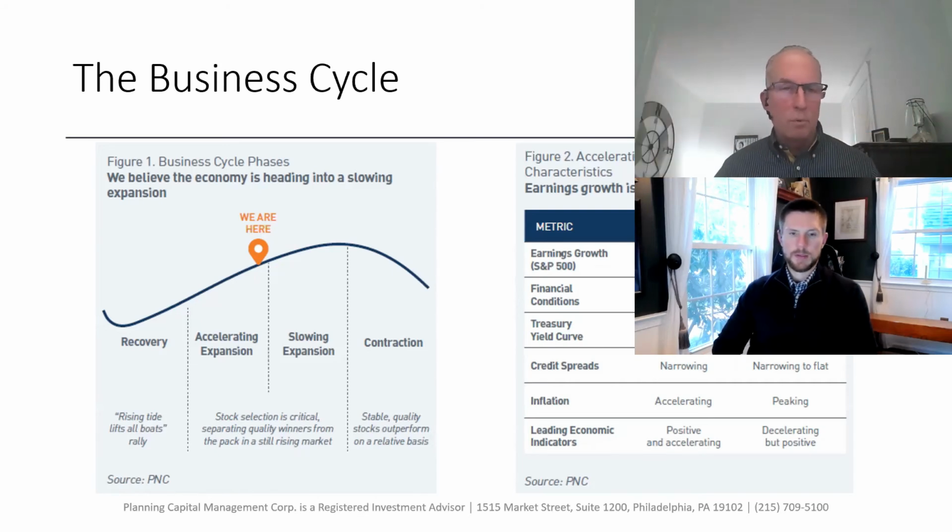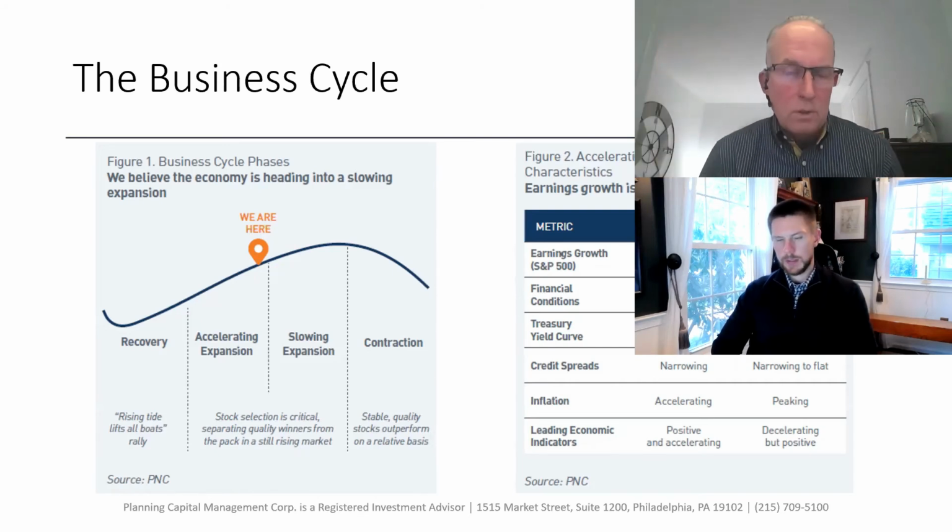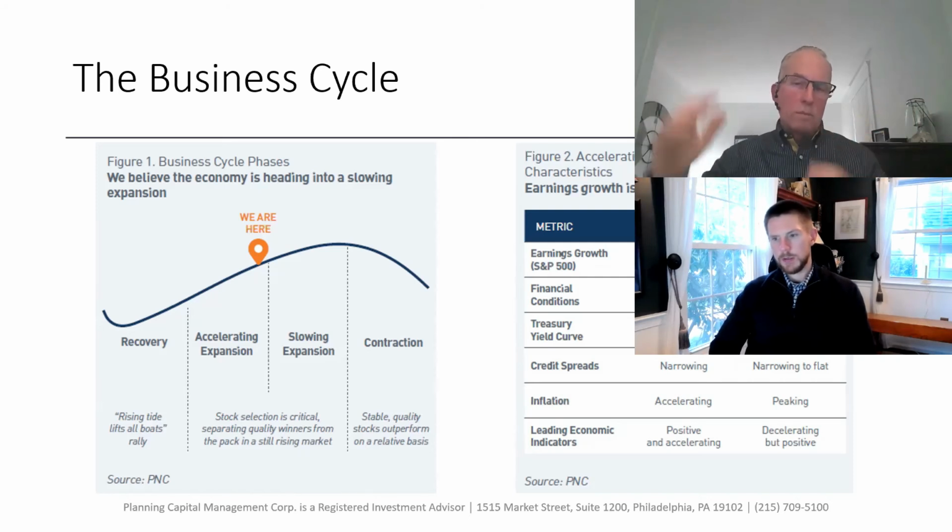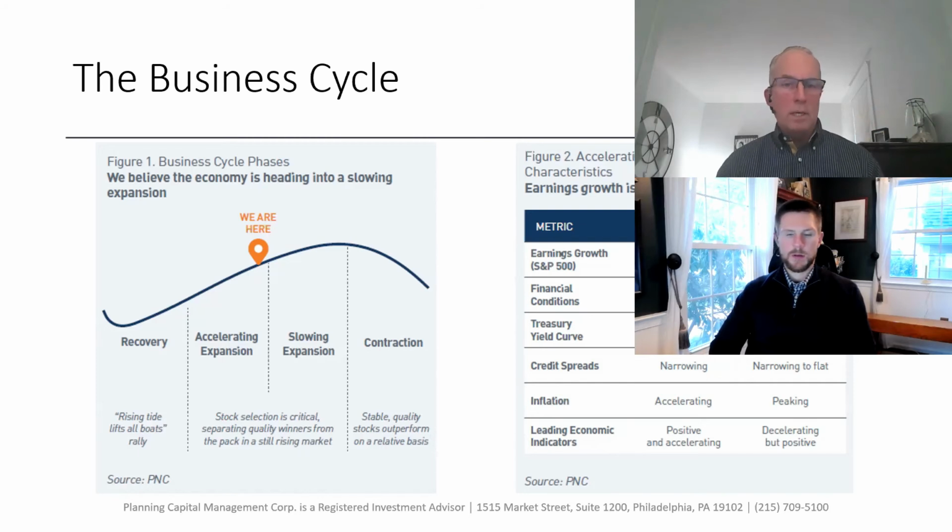Sometimes they'll move right up with short-term interest rates. If they continue to move up with short-term interest rates, you could see an ongoing expanding economy. But typically in a slowing expansion, let's put it that way, you tend to see that yield curve start to flatten a little bit more.